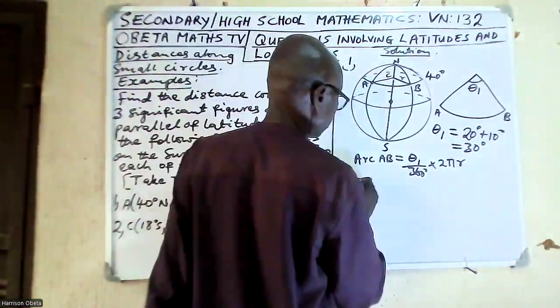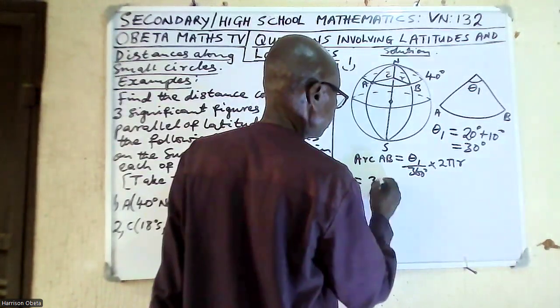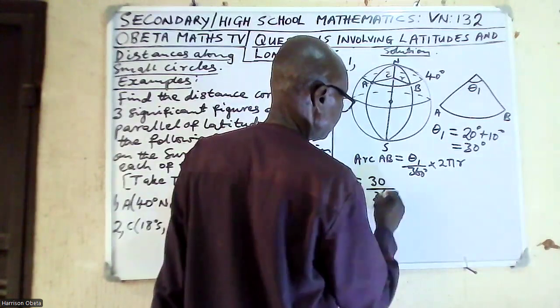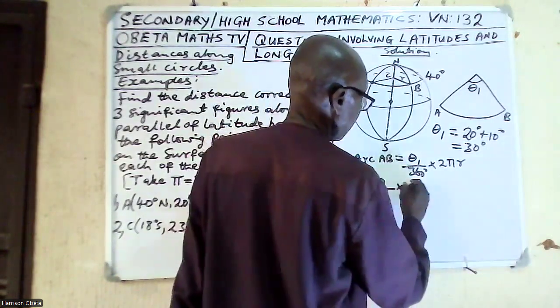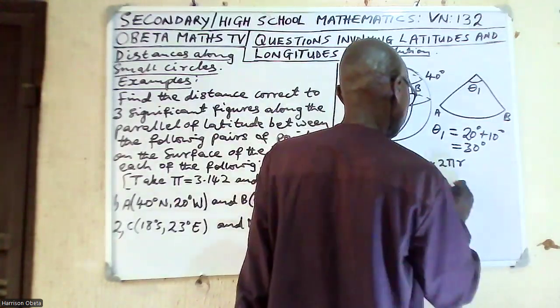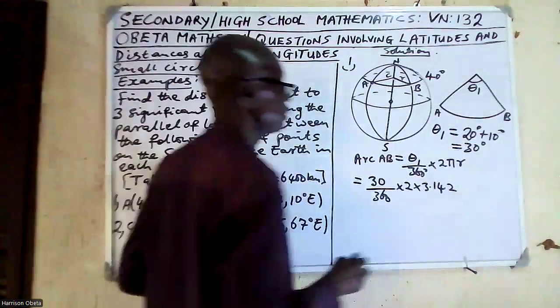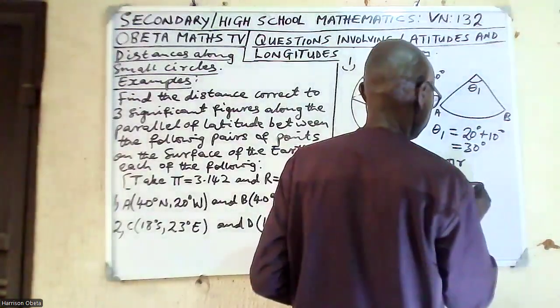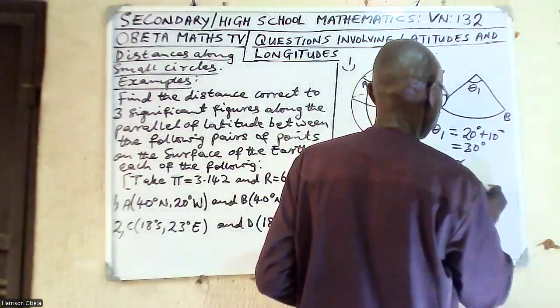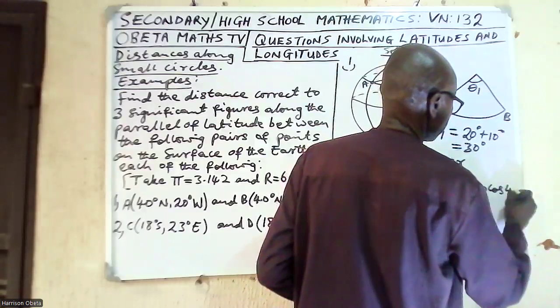And that will give us 30 over 360 times 2 times 3.142, that is already given to us, times 6,400 plus 40.